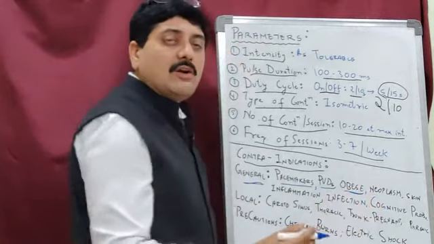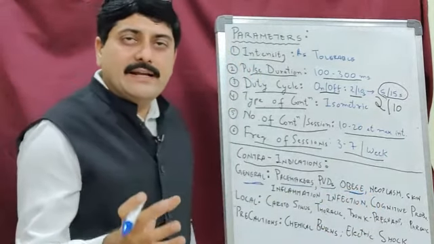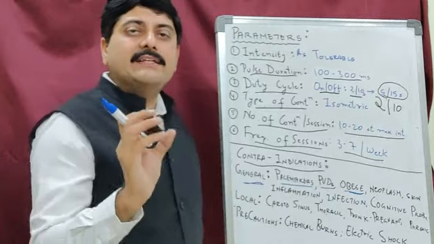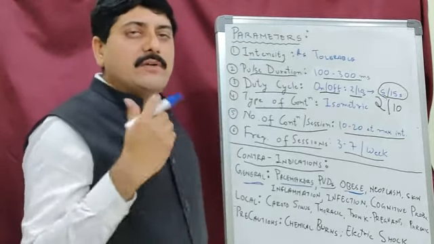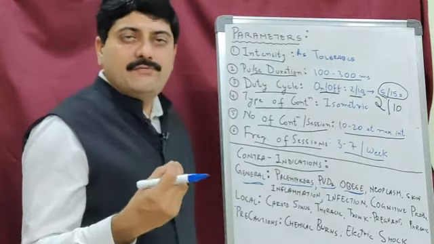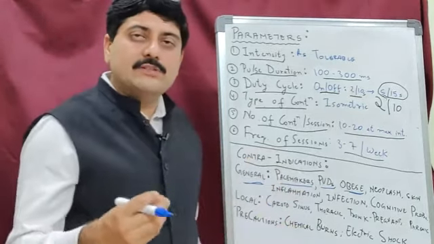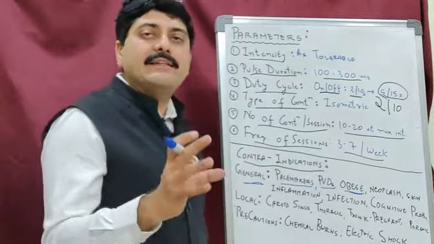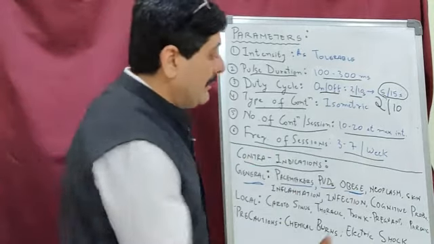Obese tissue: if there is a lot of adipose tissue, fat collection, and you are going to give current, the fat works as an insulator, so you will not get very good stimulation. So if you are giving it in an obese patient or an adipose area, you have to be careful.